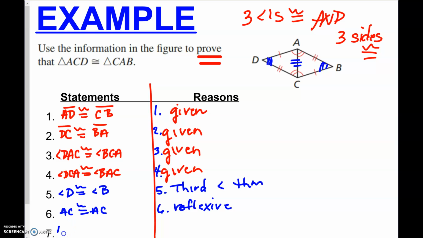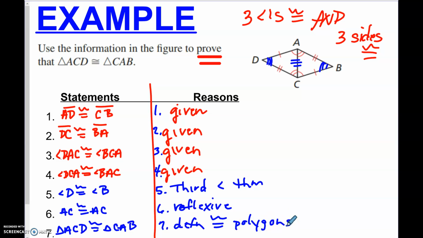So can I say triangle ACD is congruent to triangle CAB? And isn't that the definition of congruent polygons? So if I get all the angles congruent and all the sides congruent, then those polygons will be congruent.